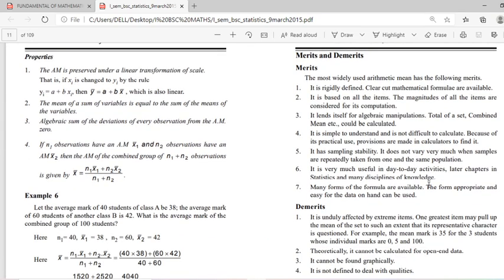So these are the properties. I think we have discussed these properties: the algebraic sum of deviation and the others. I think we have discussed all of them except the first one. The fourth one is discussed, the third one is discussed, the second one is discussed. For the first one, I will do that now.